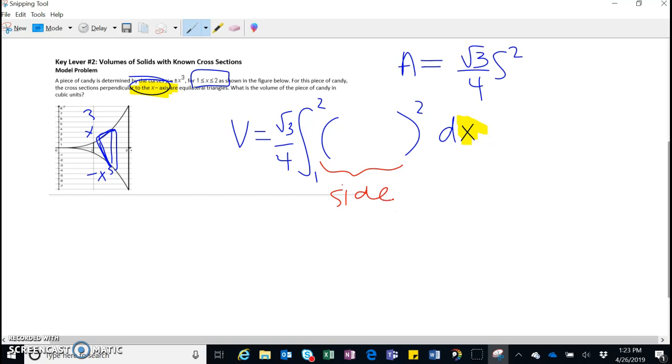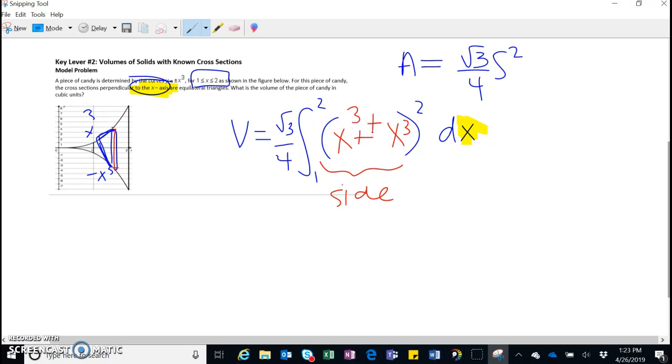So that side, look over here, the side is just the distance of that rectangle, the length of the rectangle from top to bottom. So we ask ourselves what's on top, x cubed, minus what's on bottom, negative x cubed. I have to do a little bit of math here.